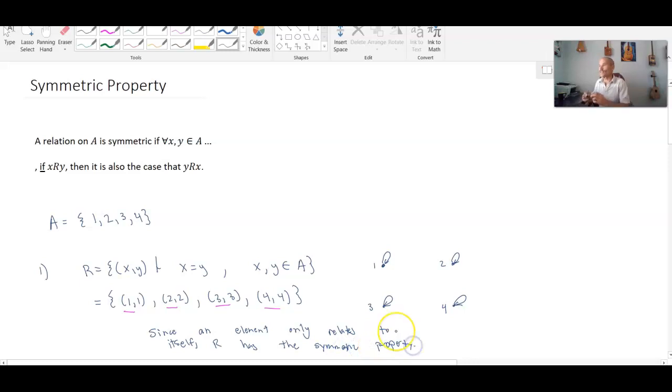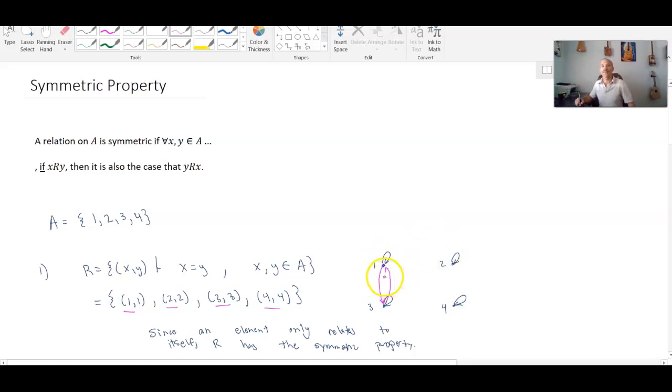So in other words, the only time that we would ever need to worry about a relation not having the symmetric property is if one of these elements were to relate to another one. For example, if 1 related to 3, then what we would expect to see is that 3 also relates back to 1. So if this were the picture, then we would have to evaluate, okay, 1 relates to 3, does 3 also relate to 1?